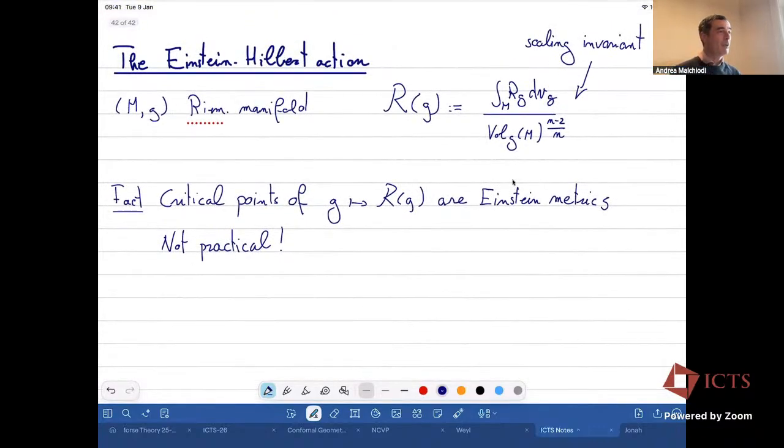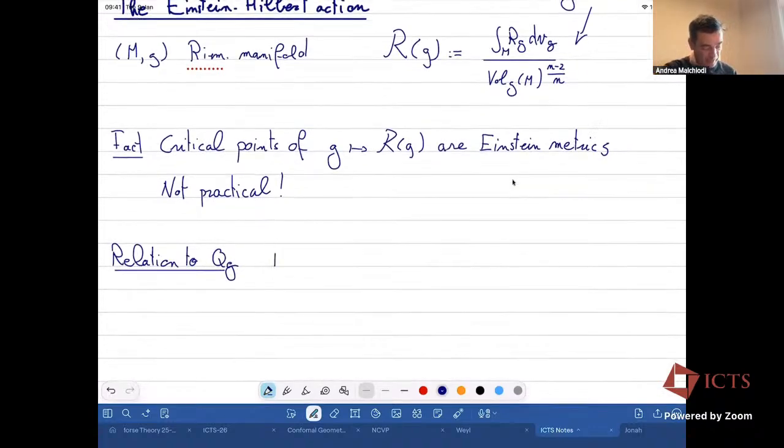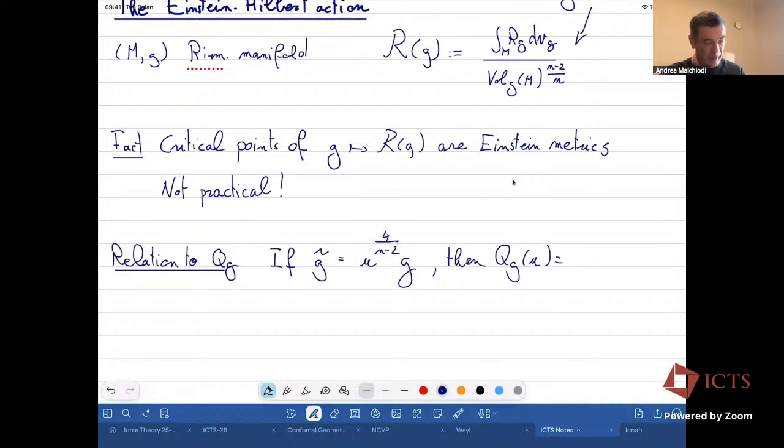The other thing is that we have already seen this action. It turns out that it is related to the Yamabe quotient. If you choose a conformal metric, then Q_g of u coincides with the Einstein-Hilbert action of the conformal metric.